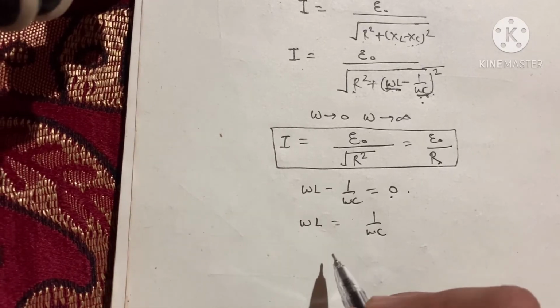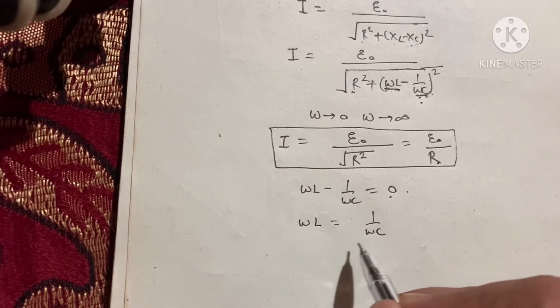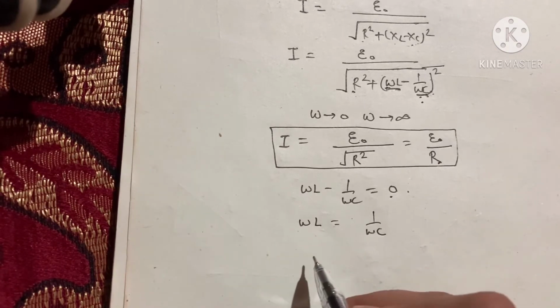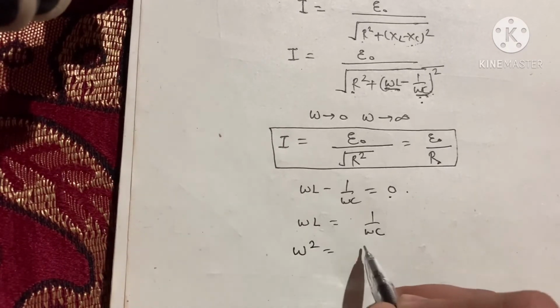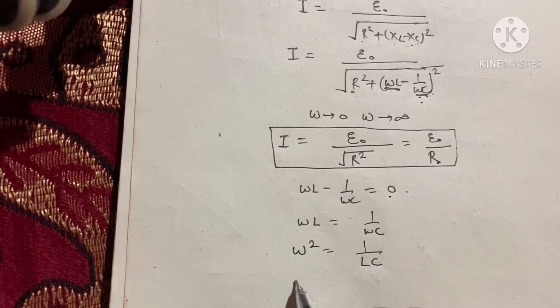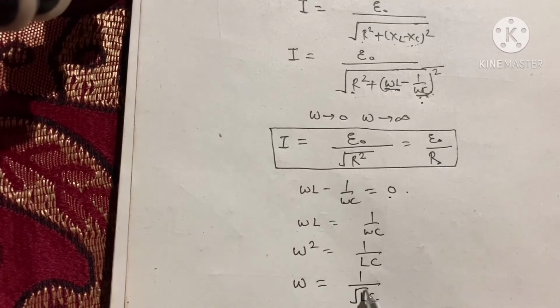So basically what you got here is omega L equal to 1 upon omega C. Therefore omega square is equal to 1 upon LC, so omega is equal to 1 upon root LC.